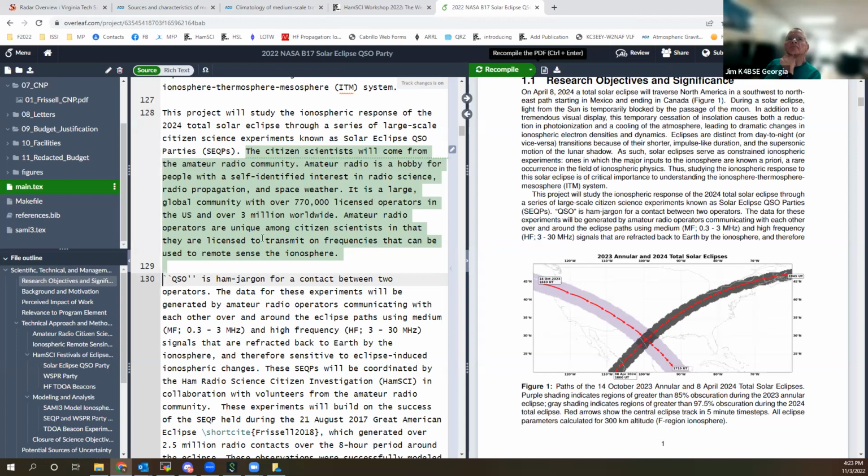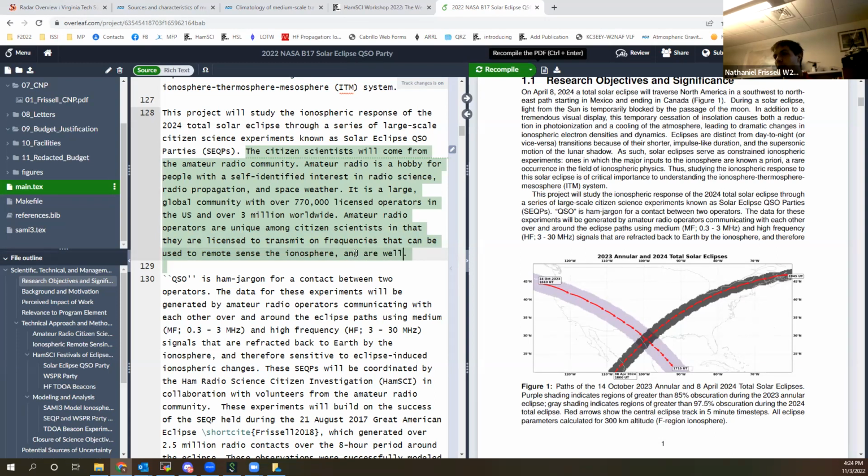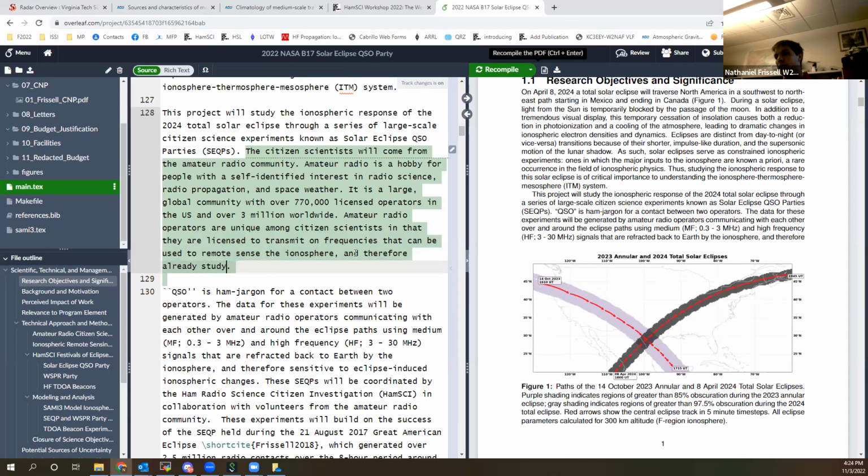Would it be useful to say something at that point, go back to the first of that paragraph and say they are familiar with ionospheric phenomenon or behavior, something like that. Let's see. At the end of that paragraph, amateurs are already familiar with the effects of the ionosphere.